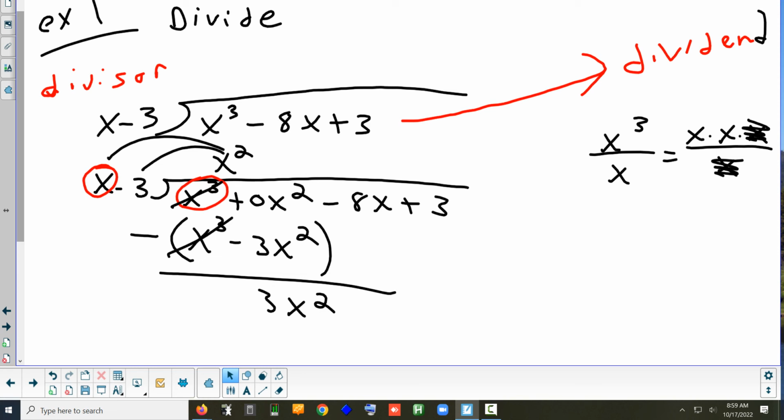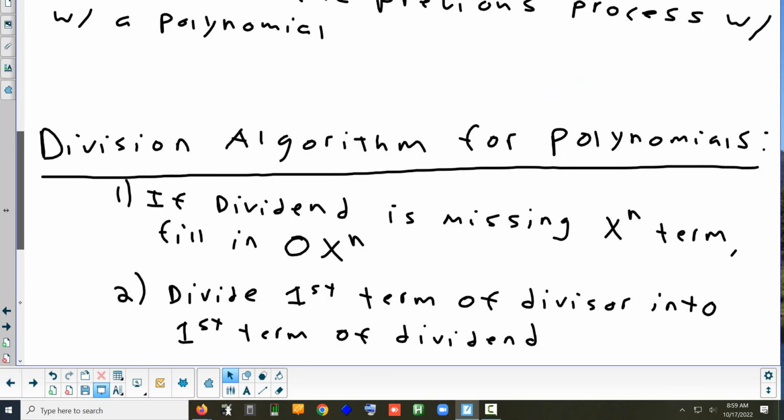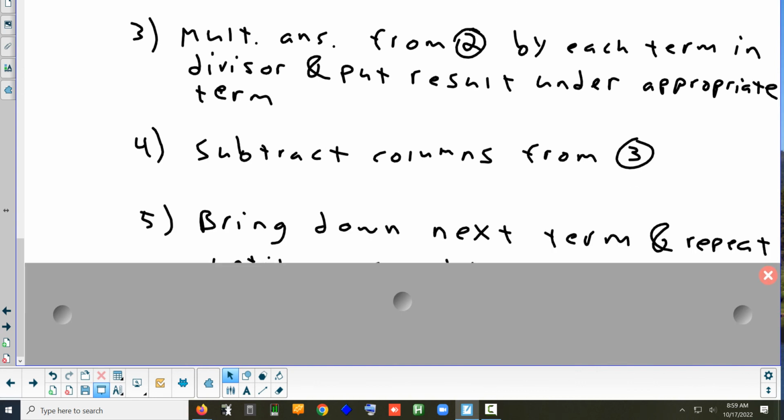Okay, so we did the divide, we did the multiply, we did the subtract. The last step is bring down. So step 5, bring down the next term and repeat.